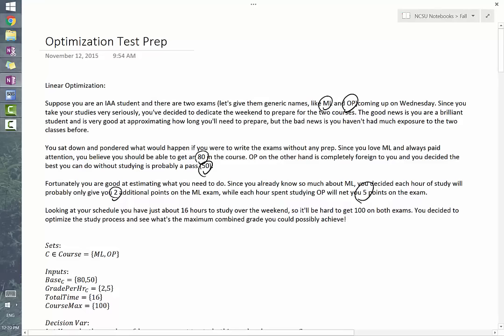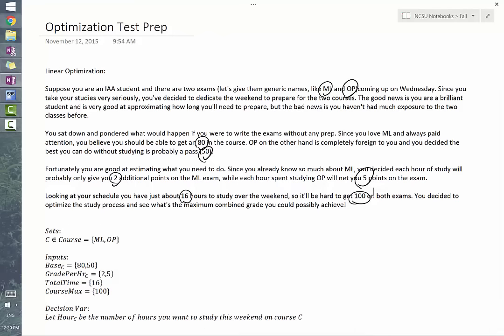And finally, other numbers, such as our total time studying cannot exceed 16, and our grades won't be able to exceed 100. So given this, it becomes a little more obvious that we're trying to make a decision about how to allocate the 16 hours among these two courses so that our maximum combined grade is optimized.